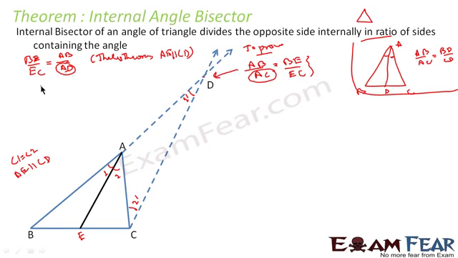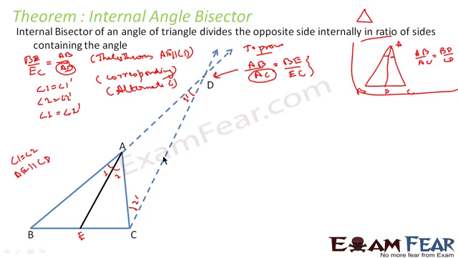So what have we seen? Angle 1 is equal to angle 1 dash. Why? Corresponding angle. And angle 2 is equal to angle 2 dash, alternate angle. Now, since angle 1 is equal to angle 2, it's already given here, we can say that angle 1 dash is equal to angle 2 dash.